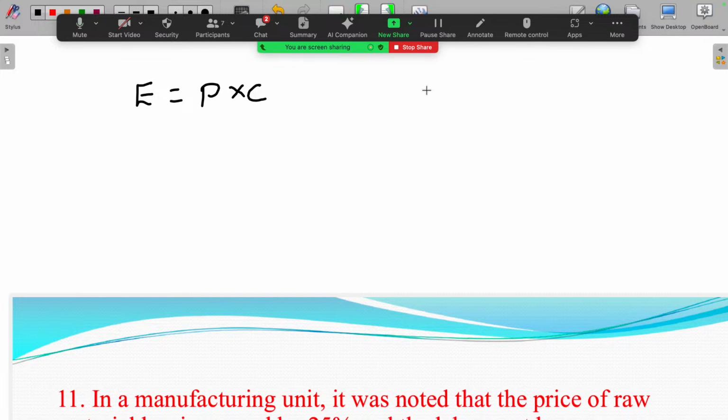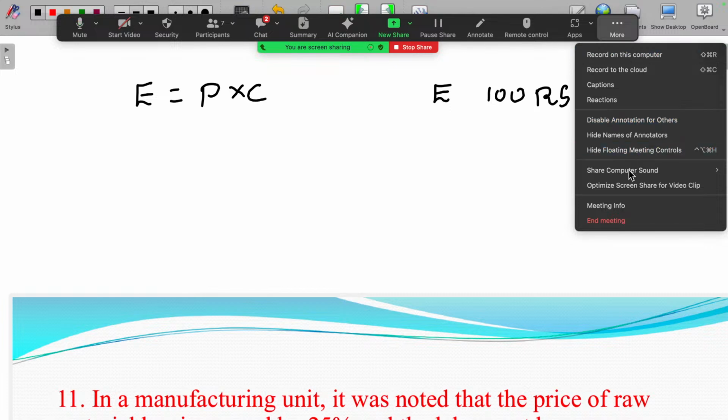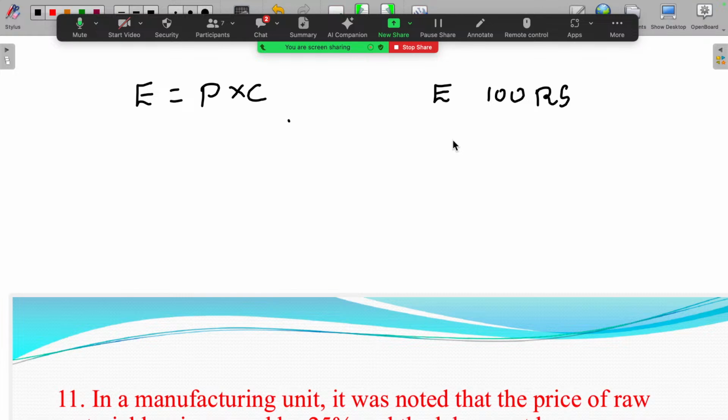Now let me take one example. Today I go to a shop and I spend 100 rupees, so the expenditure is 100 rupees.